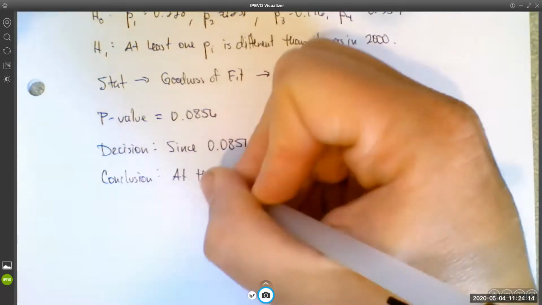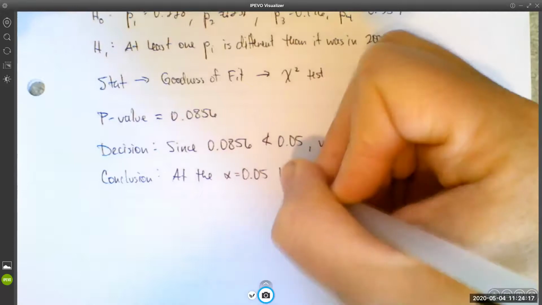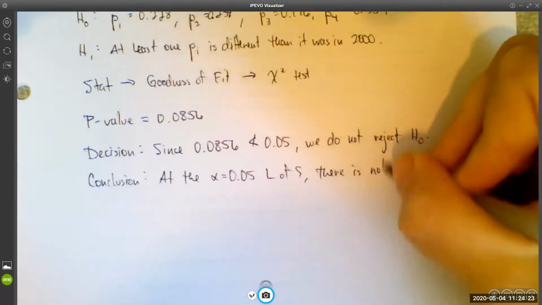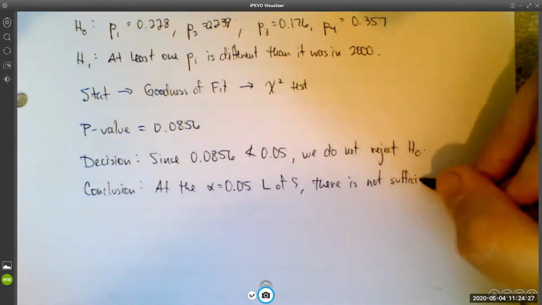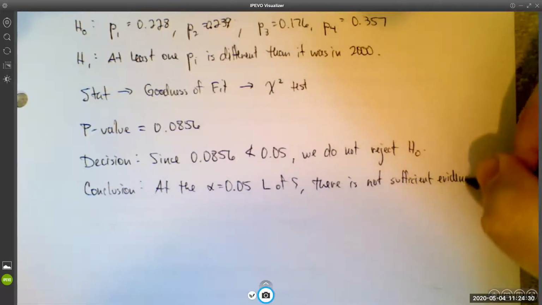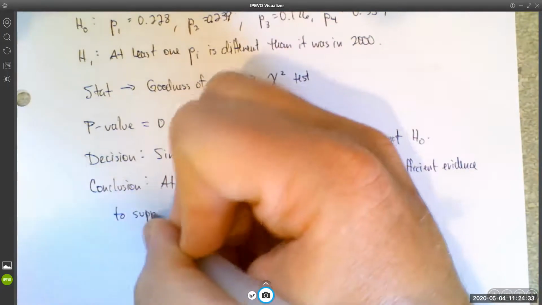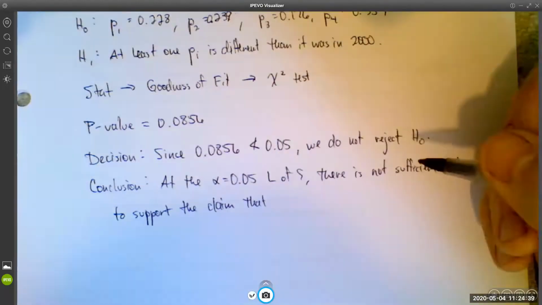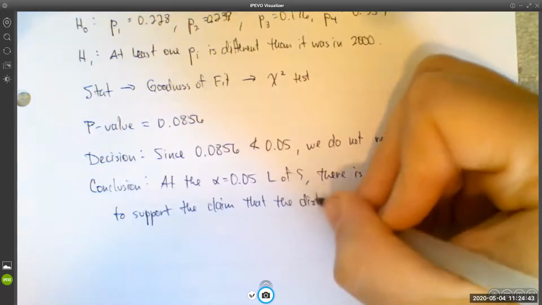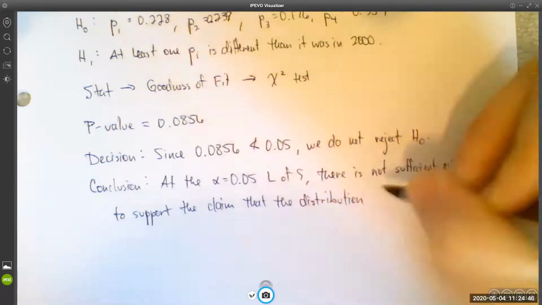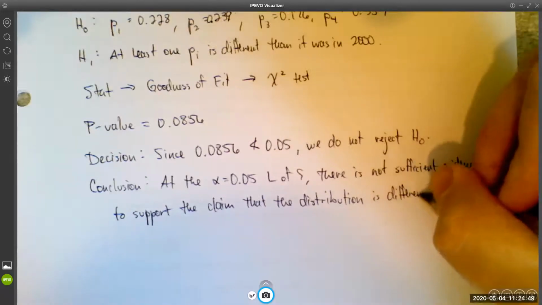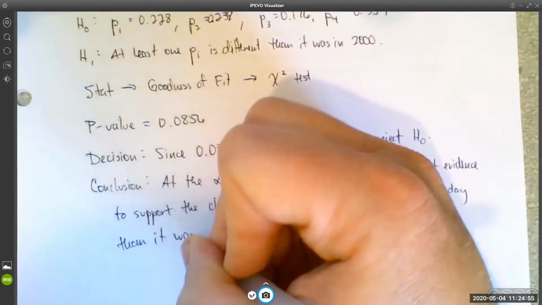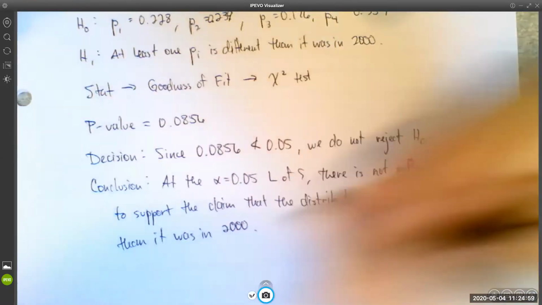So at the 0.05 level of significance, there is not sufficient evidence to support the claim that the distribution is different today than it was in the year 2000.